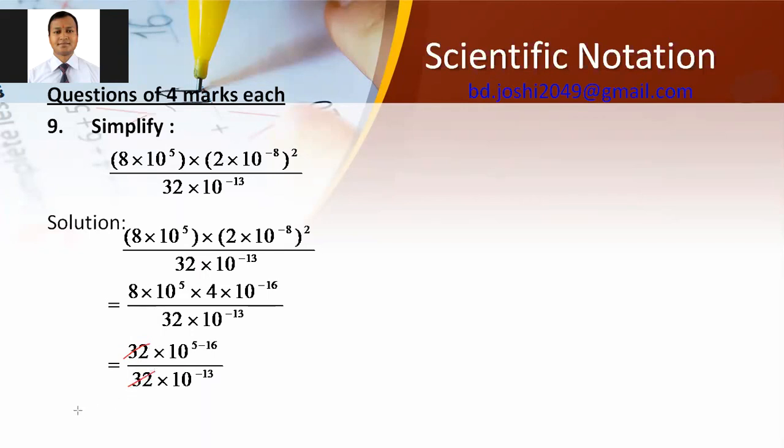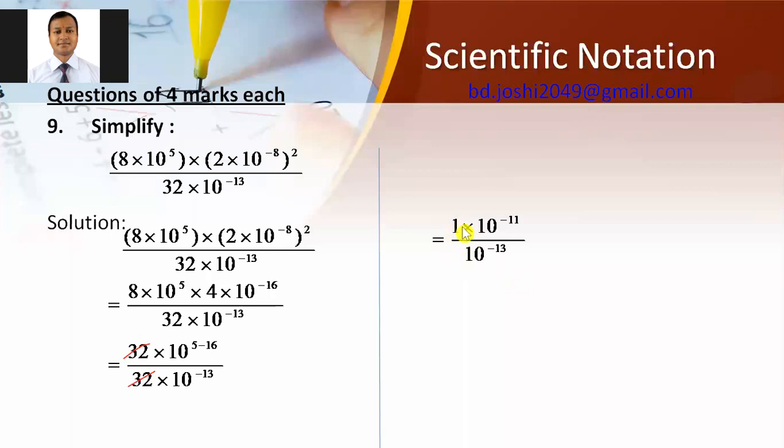These two 32 are cancelled. Or if 32 is divided by 32, it remains 1 only. Yes, sir. That we have to know. And what is the value of 5 minus 16? Minus 11. So remaining value here is 1 into 10 to the power minus 11 divided by 10 to the power minus 13.